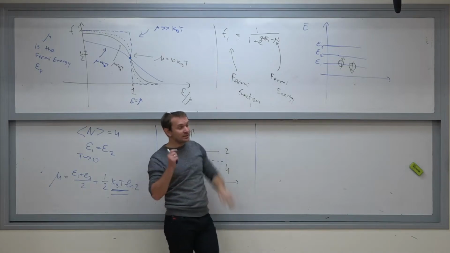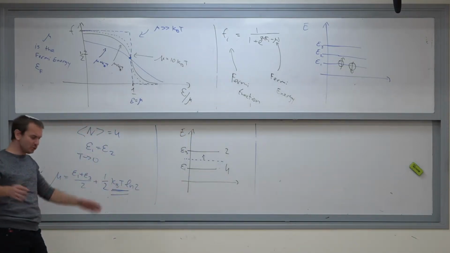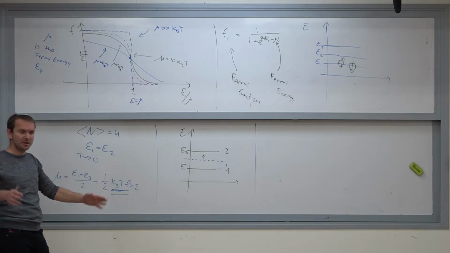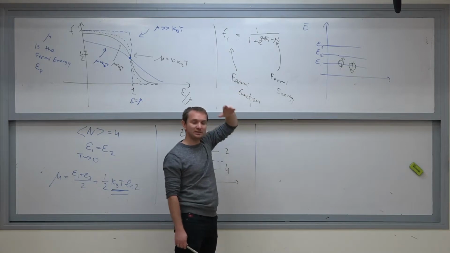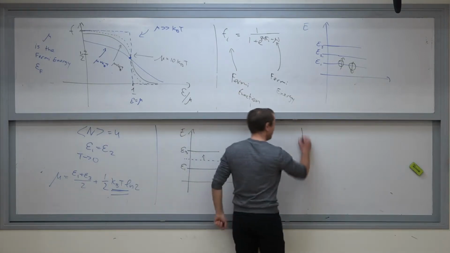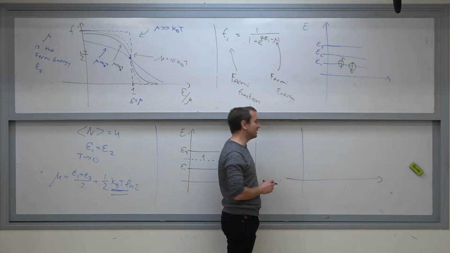Okay. So only the states that participate in some sort of physical process during the time that we're looking at the system are the states where F is between 1 and 0, right? Significantly larger than 0 and significantly smaller than 1.